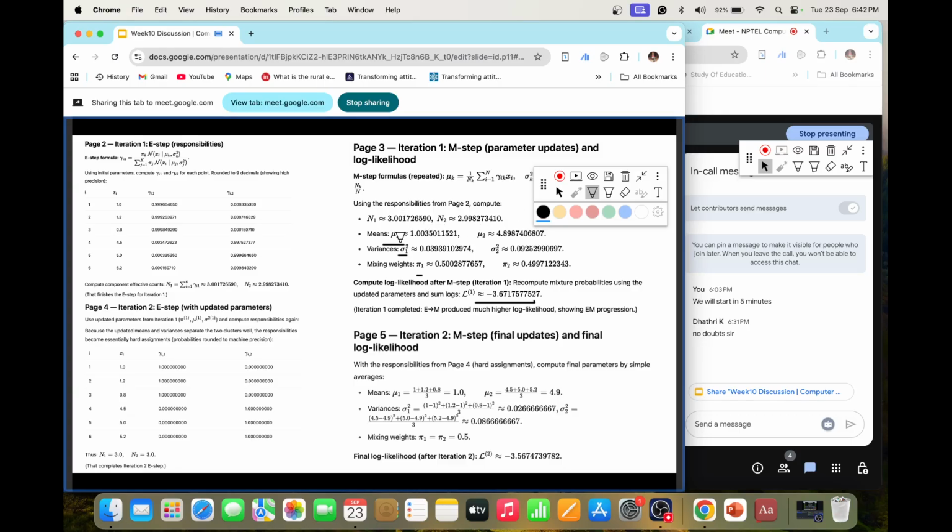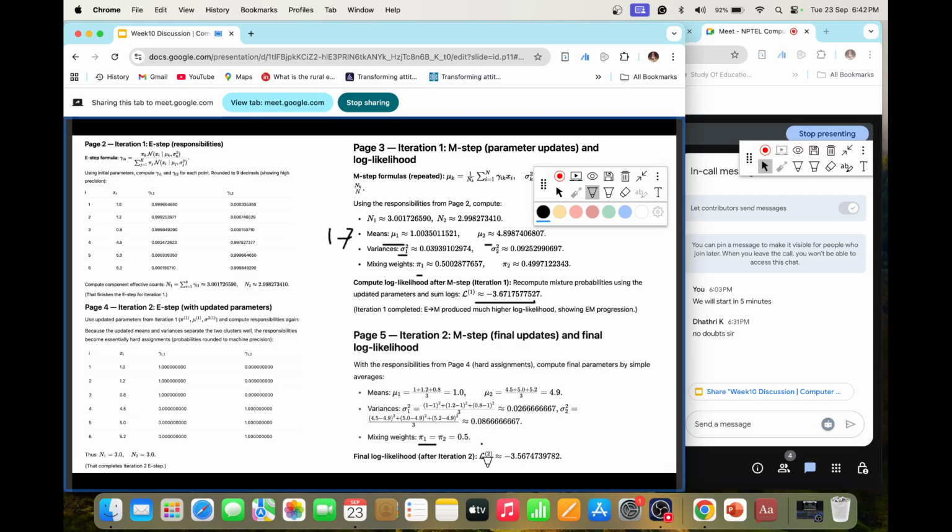There are two clusters, so there will be two of each, that is mu1 and mu2. So this is for the first iteration: this is your updated mu1, mu2, sigma 1, sigma 2, and pi1 and pi2 values. Similarly, this is for the second iteration, this is your updated mu1, mu2, sigma 1, sigma 2, and pi1 and pi2.